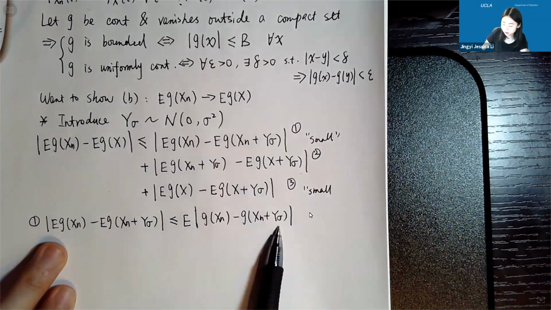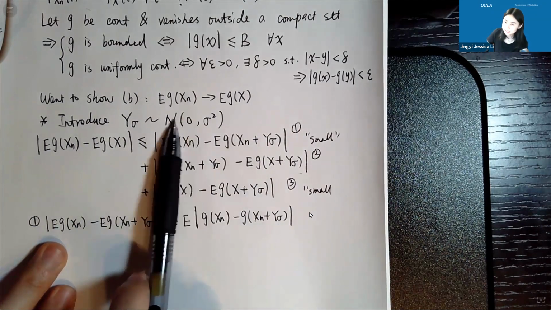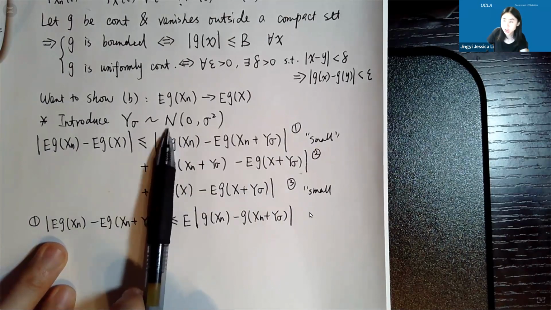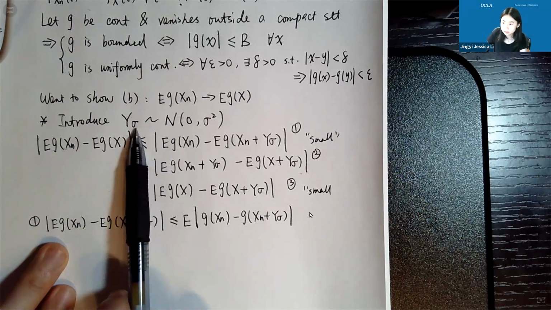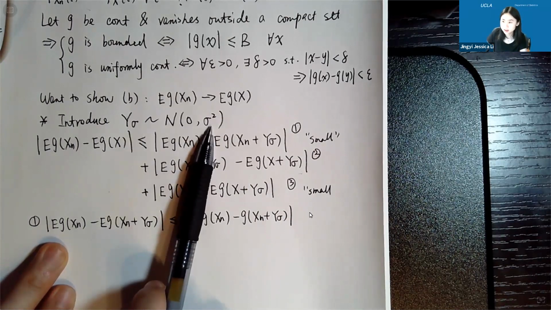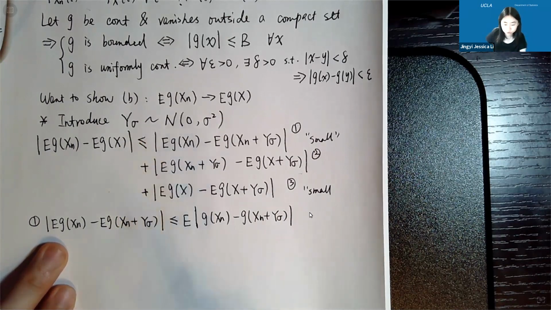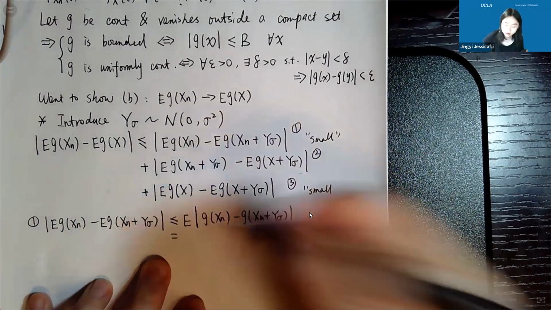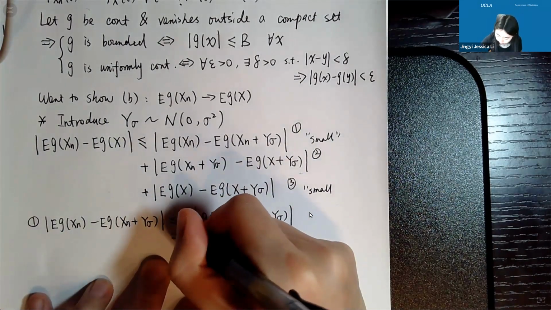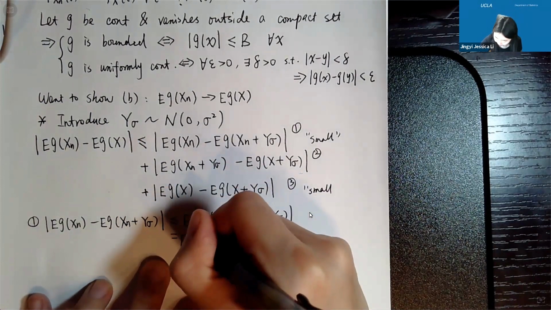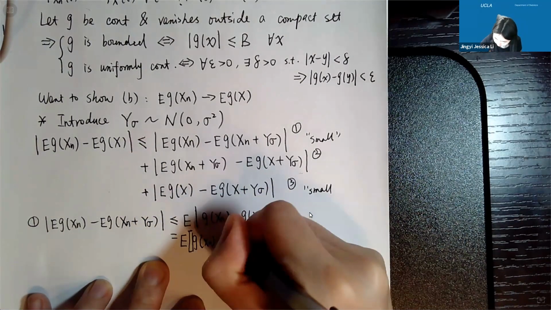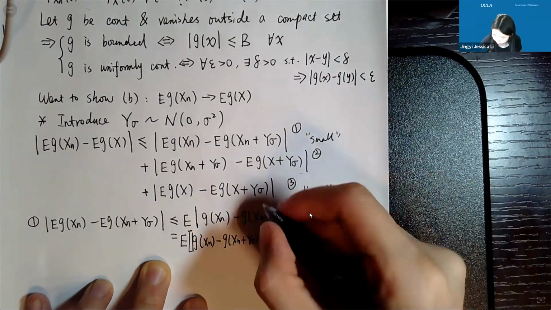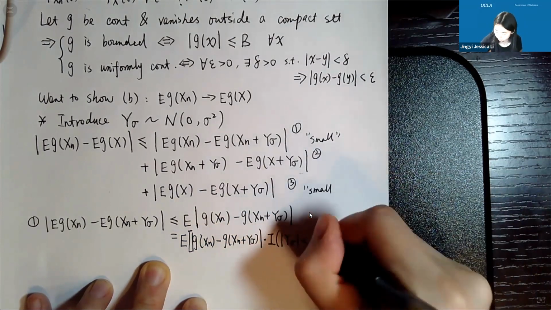And for Y sigma big, we know a Gaussian variable does not have compact support; its support is the whole real line. But we know a Gaussian is very concentrated around its mean. So the probability of Y sigma being large is very small, and most likely Y sigma will be close to 0. So I'm going to use those two parts. Basically, I will write the right-hand side as two parts. The first one is the absolute value of G(Xn) minus G(Xn plus Y sigma), times the indicator that Y sigma is very small.